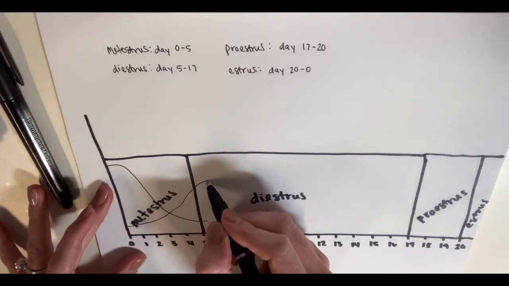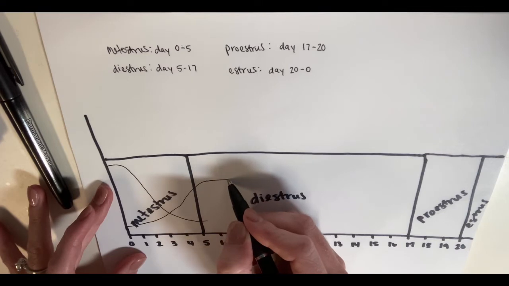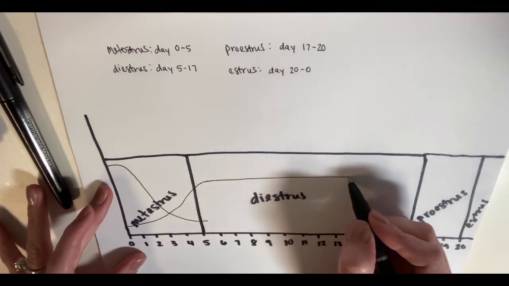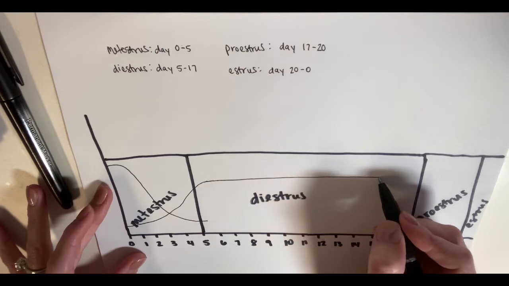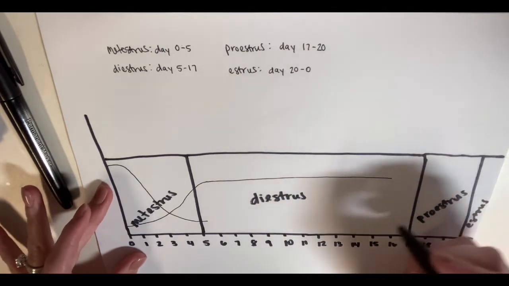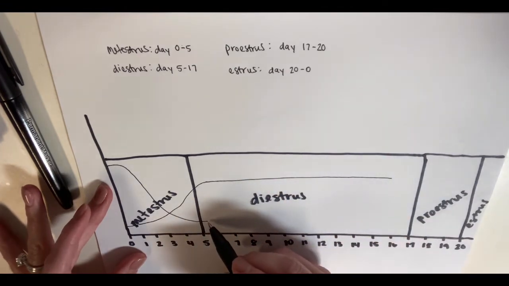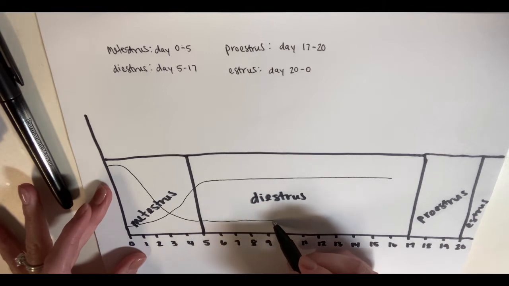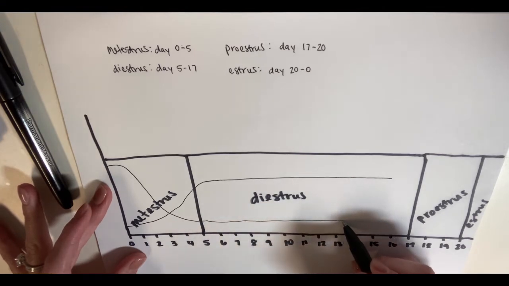As we go into di-estrous, our progesterone levels will peak and maintain. These levels of progesterone are maintained through the presence of the CL. And then our estrogen levels during di-estrous will stay at a low constant level.